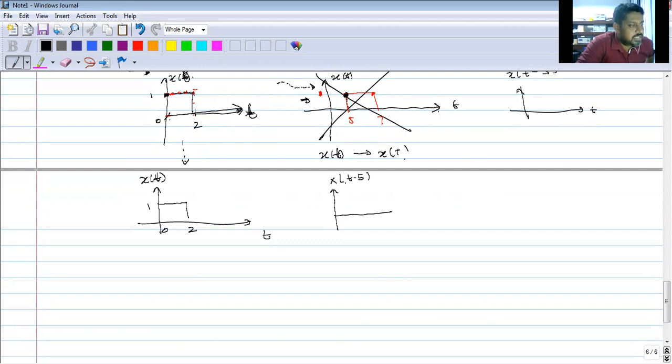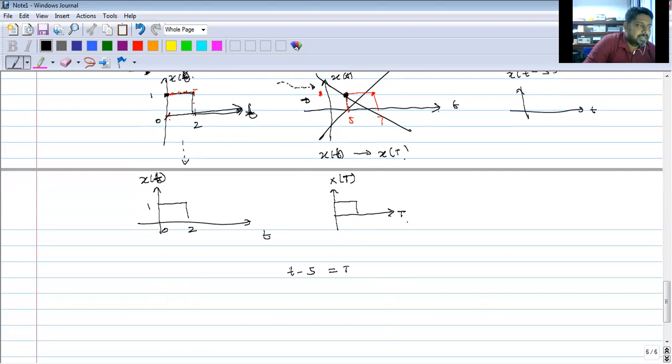Let's take this t minus 5 as capital T. So here x(t minus 5) means x(T). I can put here x(T), and if I plot the signal with respect to capital T, I will get the same signal, because it is only a matter of this letter. Here it is symbol T with respect to T.